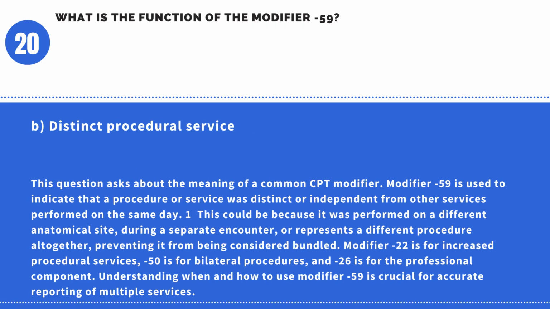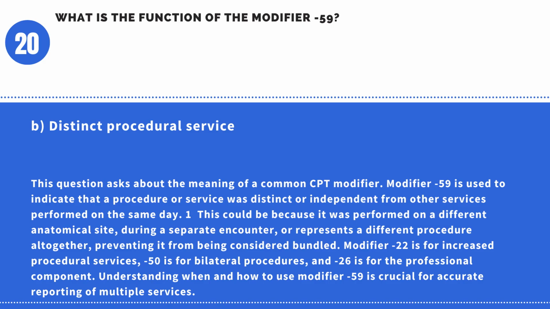Answer, B. Distinct procedural service. This question asks about the meaning of a common CPT modifier. Modifier -59 is used to indicate that a procedure or service was distinct or independent from other services performed on the same day.